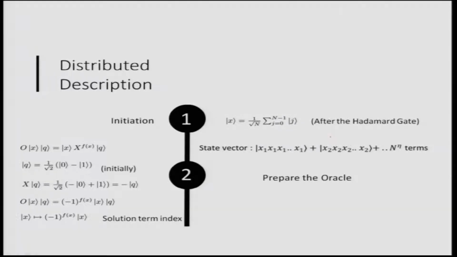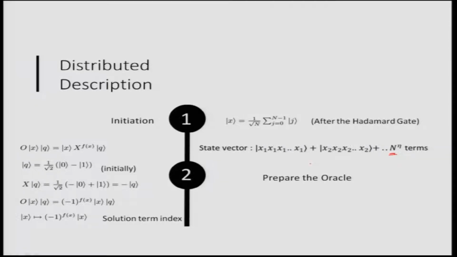It has an initiation process where the states are all in equilibrium, equally placed, and each state vector is in n to the power eta terms, because they have been put in each of these individual qubit states, individual quantum computers QC1, QC2 for example.